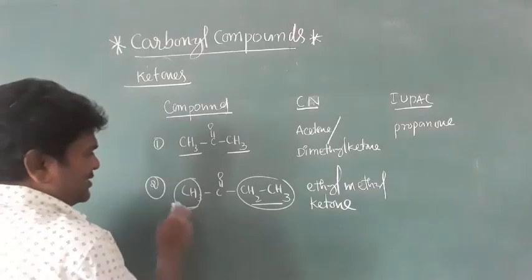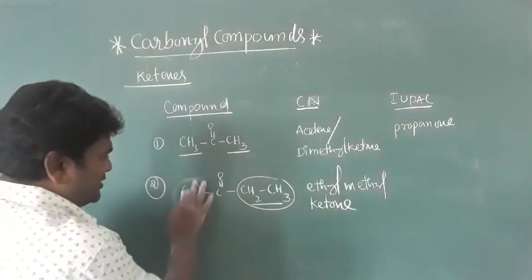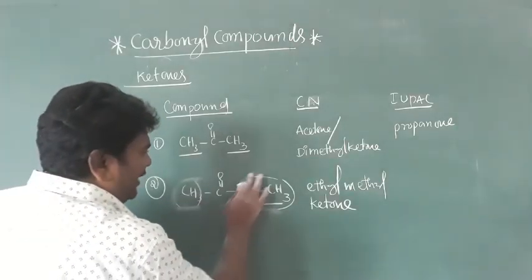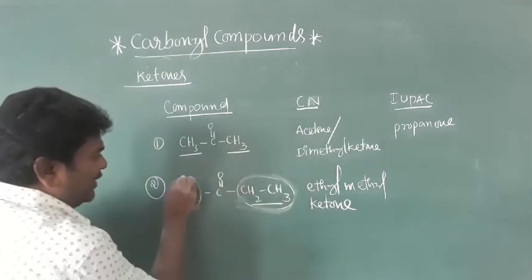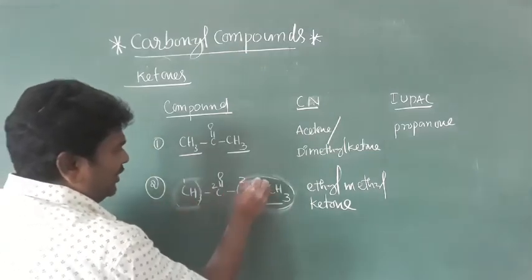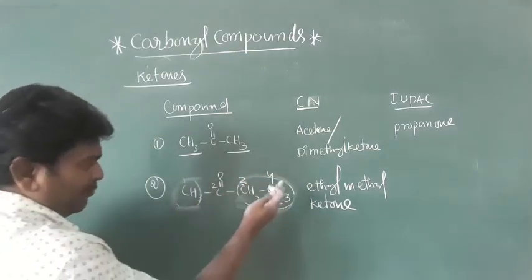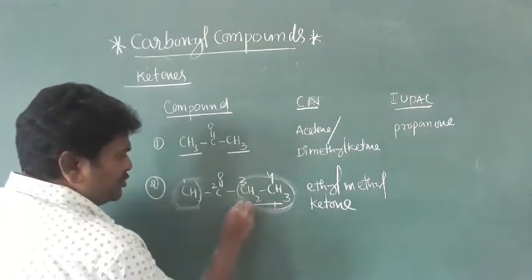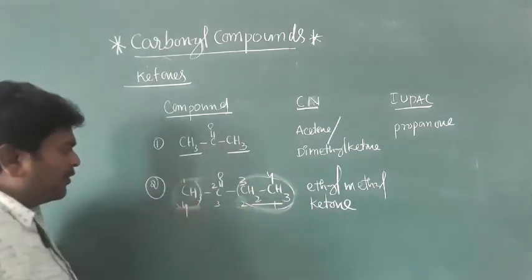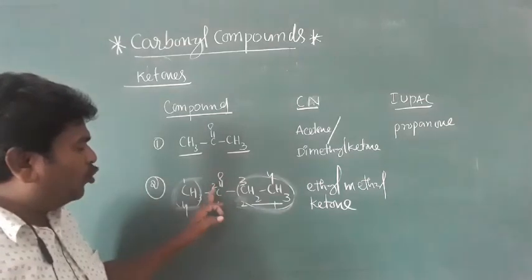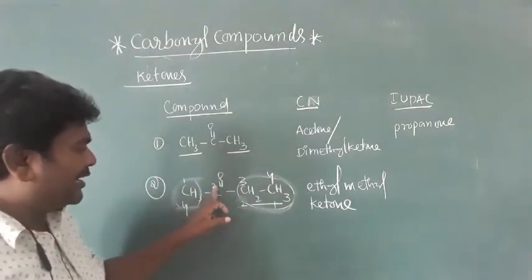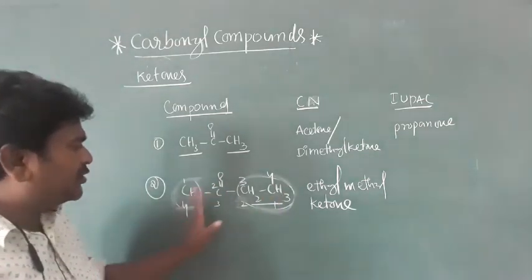Numbering starts from, for example, left to right: 1, 2, 3, 4. From right to left: 1, 2, 3, 4. From left to right, the keto group, the carbonyl group, is at the second position. From right to left, it is at the third position.